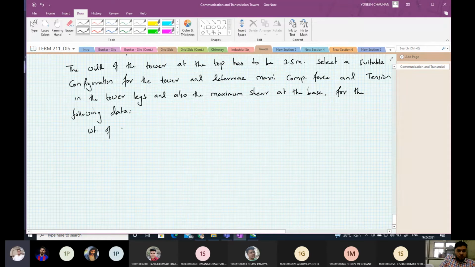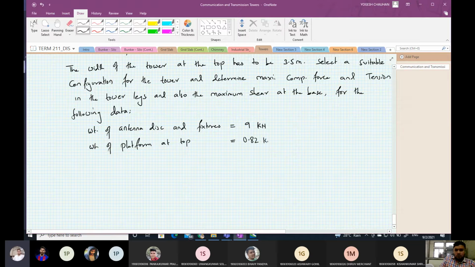The weight of antenna disc and fixtures is equal to 9 kilonewton. Then the weight of the platform at top is 0.82 kilonewton per square meter.